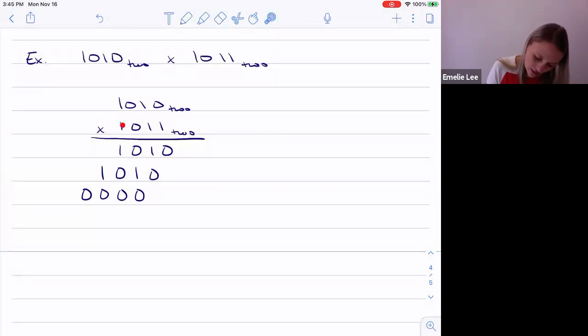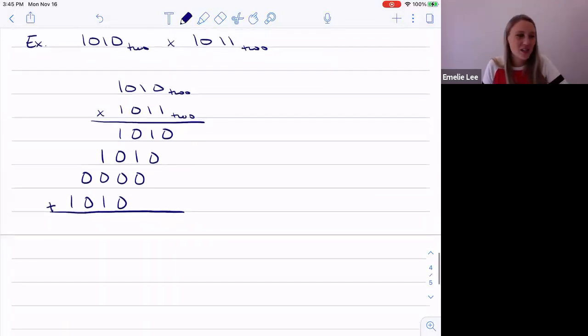And then finally my first 1, I place my first number underneath that 1. So 1 times 0 is 0, 1 times 1 is 1, 1 times 0 is 0, 1 times 1 is 1. Just out of room here.